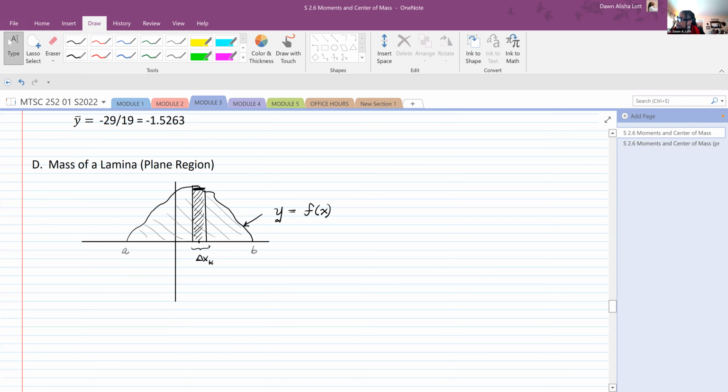So my mass M, again, is my mass. And if you remember, we're in 2 dimensions now, so my density is mass per unit area. So when I find the mass, which is the sum, k equals 1 to n of my delta m k, this is now going to be delta times area.